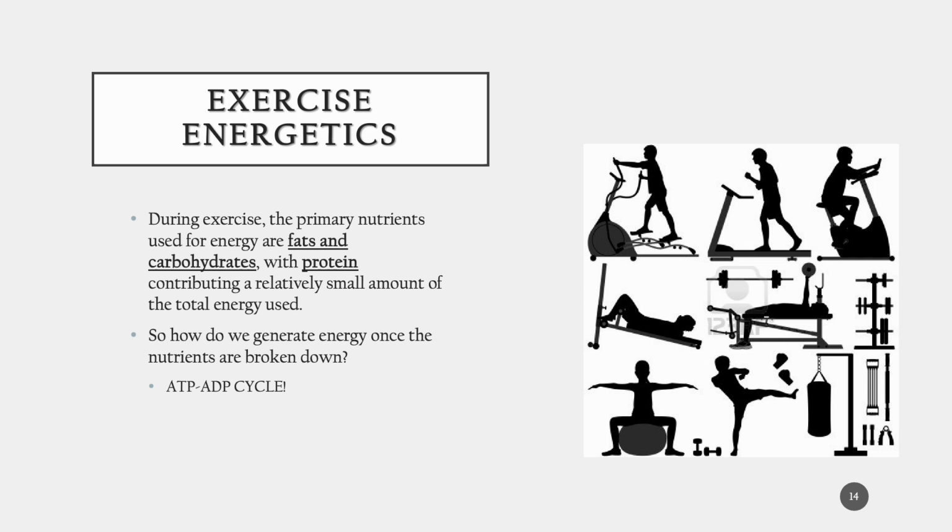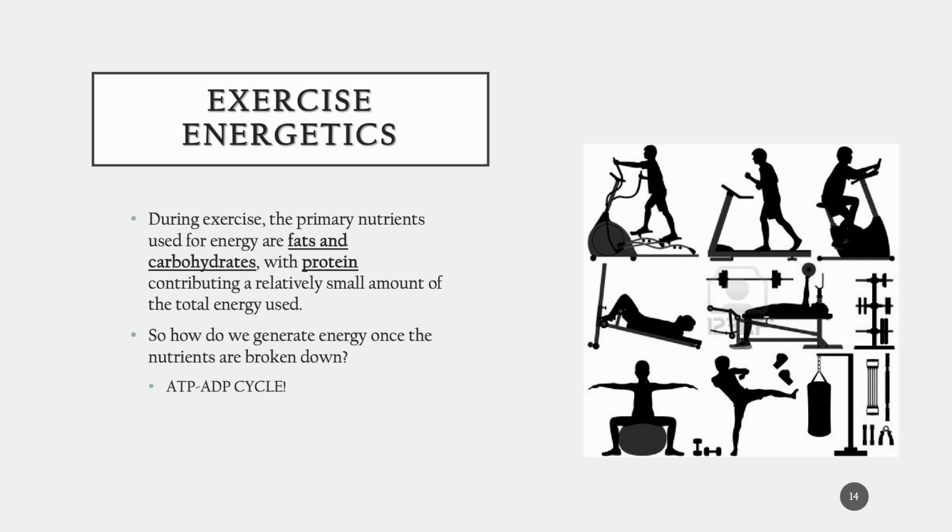Remember, ATP, PCR, and the first pathway of glycolysis primarily use only carbohydrates. The second pathway of glycolysis, aerobic glycolysis, and Krebs utilize fats.